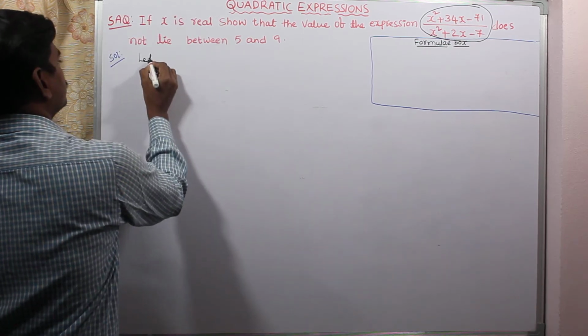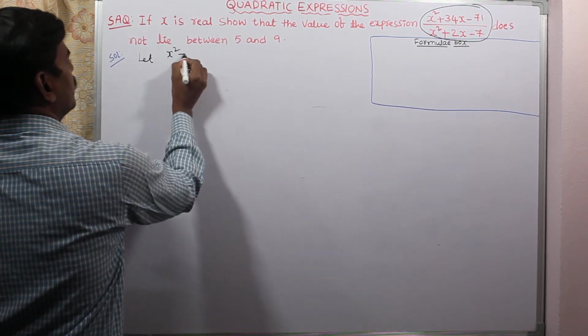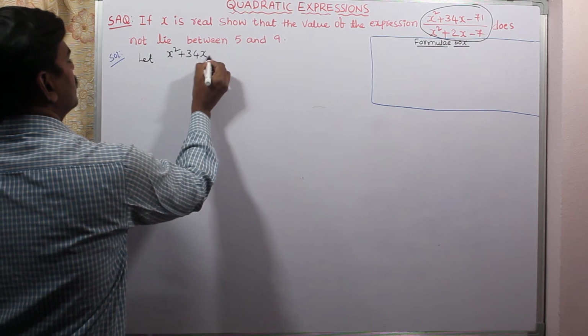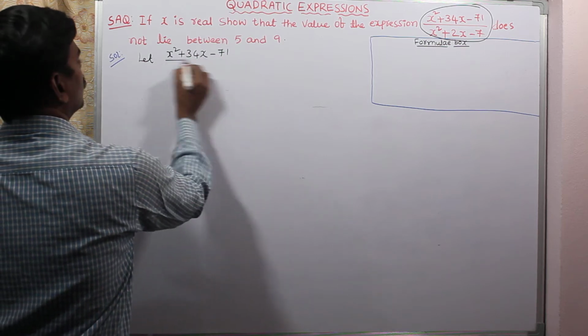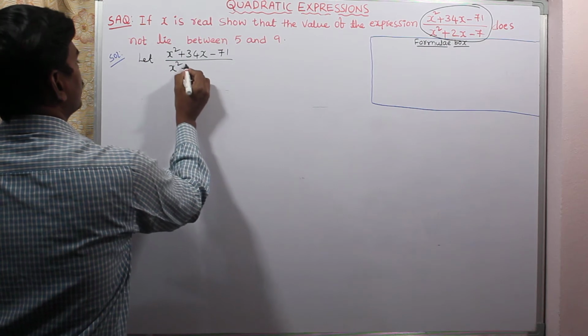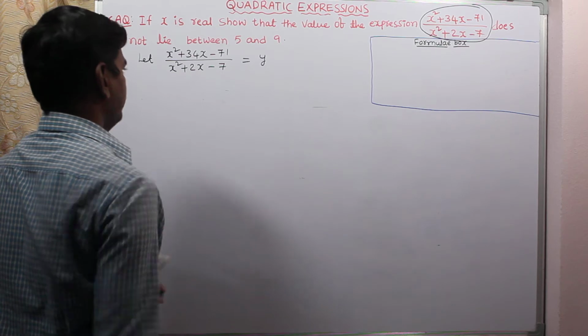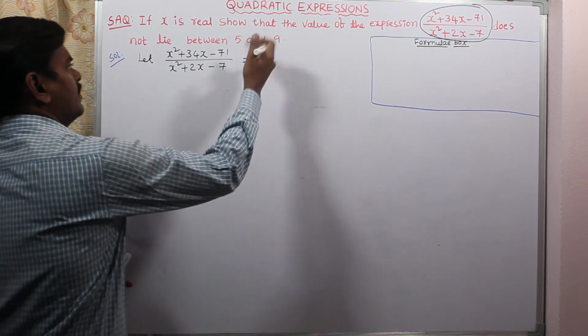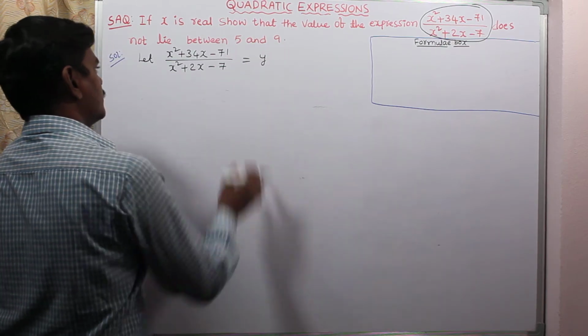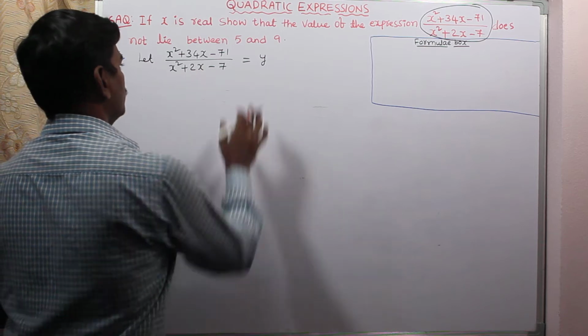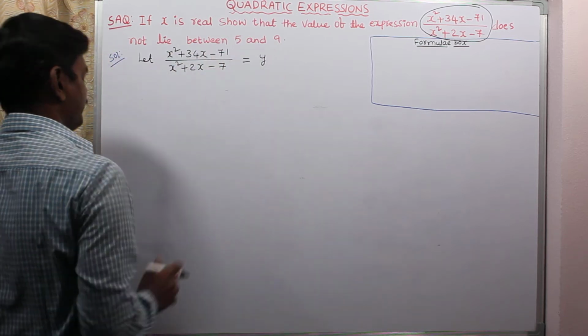Let (x square plus 34x minus 71) whole divided by (x square plus 2x minus 7) equal y. That means we have to find the range of y. So it becomes simple now.